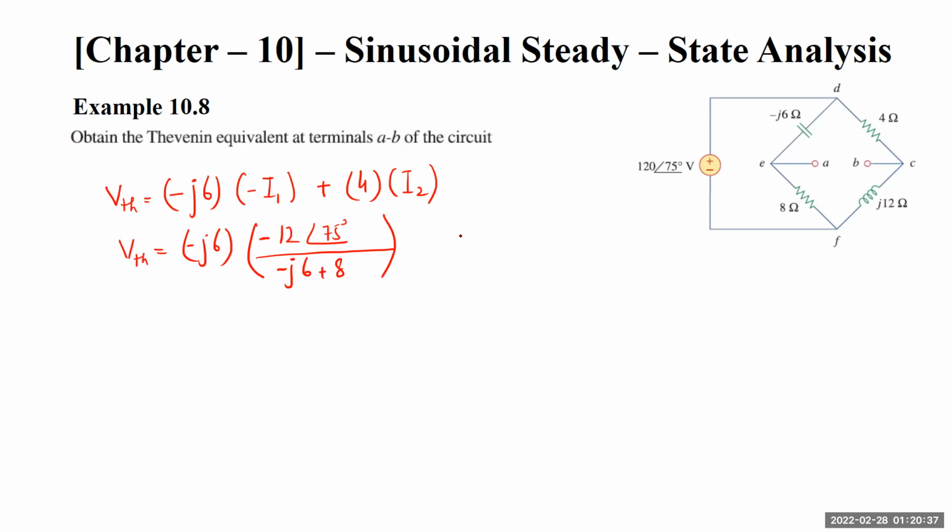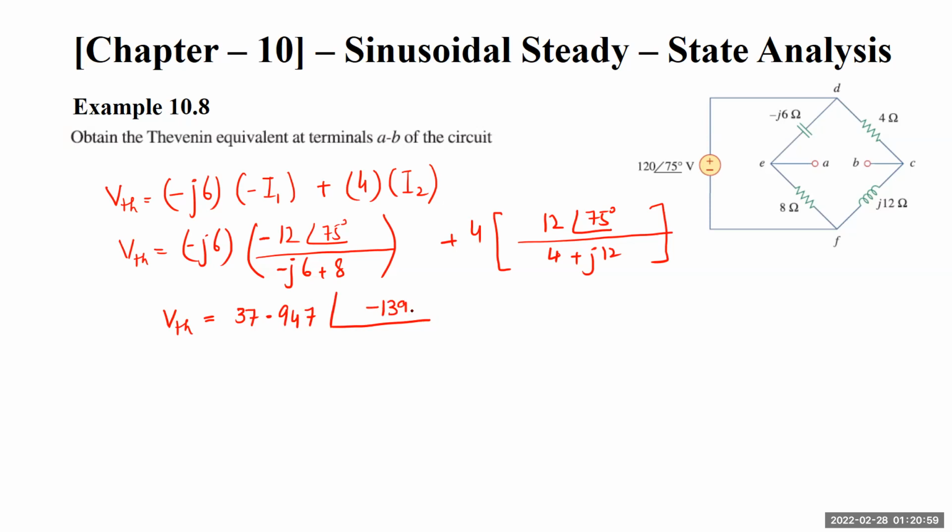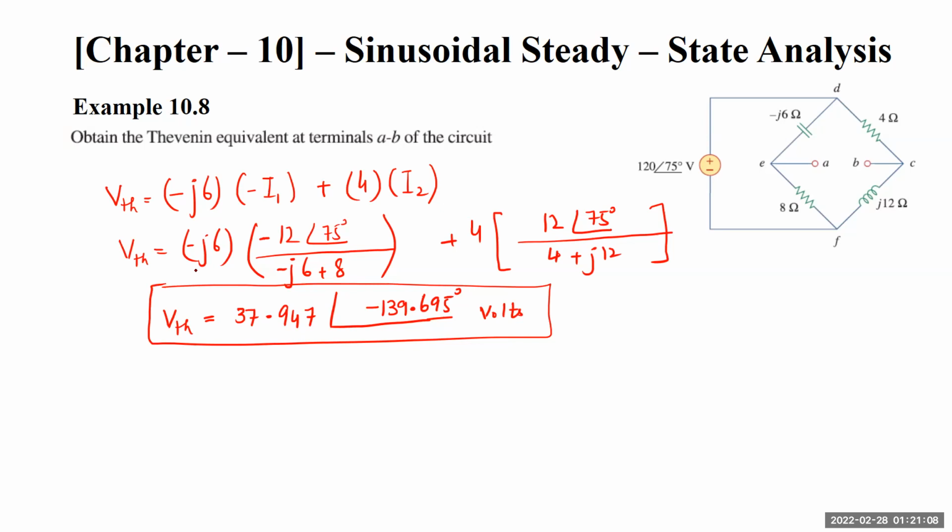Then plus 4 into I2, and I2 was 12 angle of 75 divided by 4 plus J12. So my overall VThevenin will be 37.947 angle of minus 139.695 degree volts. So this is how we calculate VThevenin.